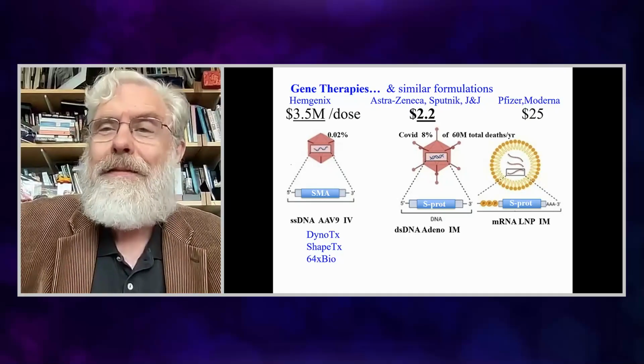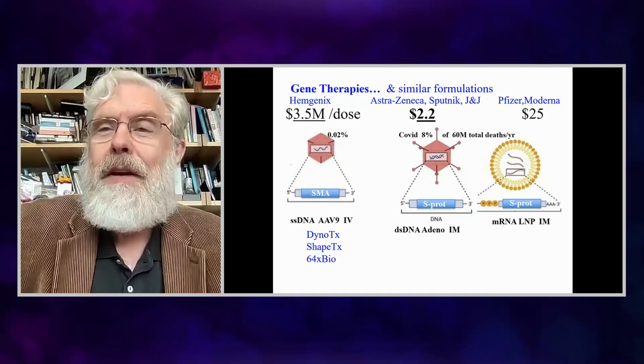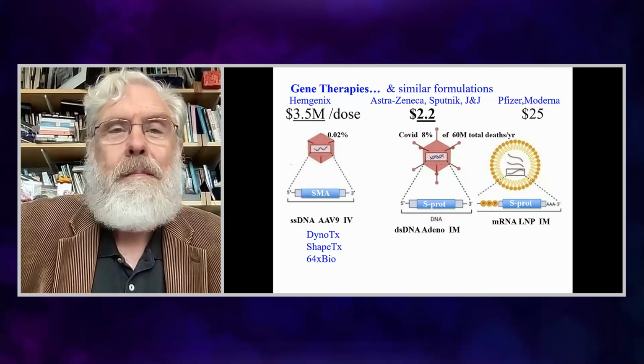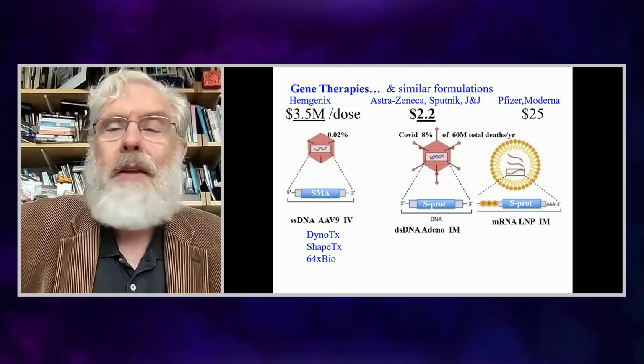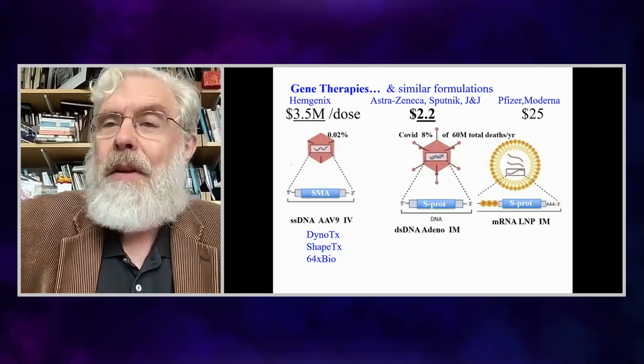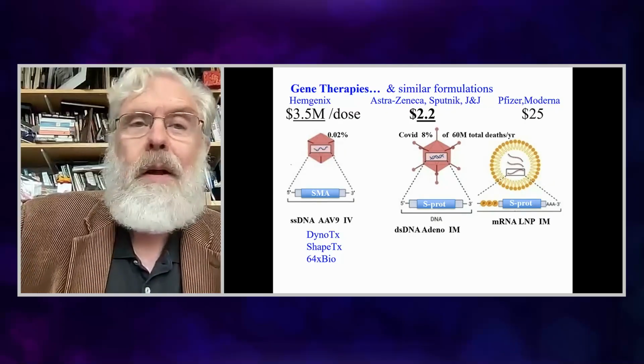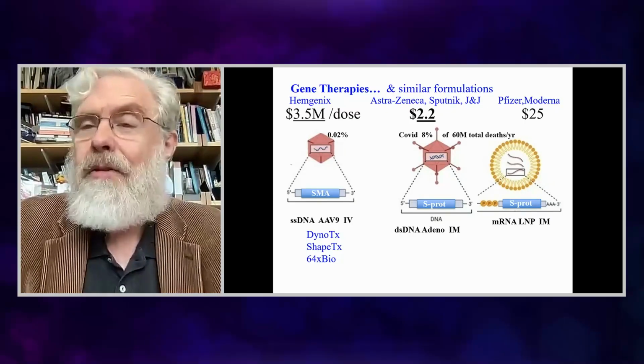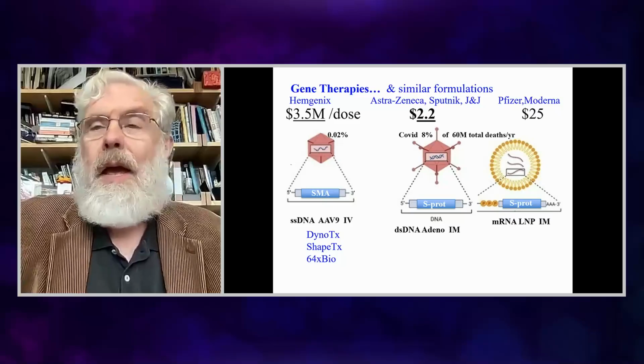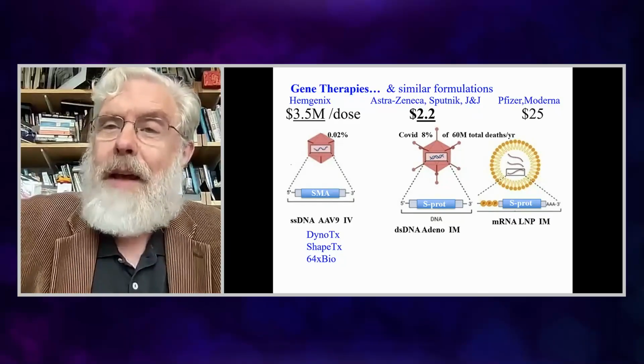This very same manufacturing process and packaging and so forth is exactly how the COVID-19 vaccines were prepared. So the economics should be very similar, and it shows the economies of scale.